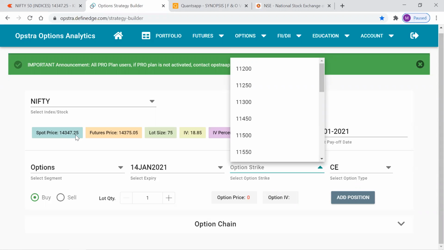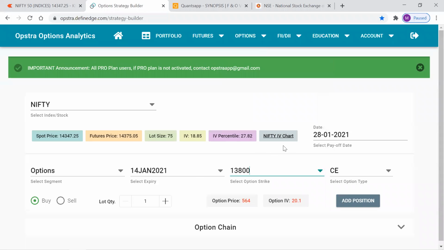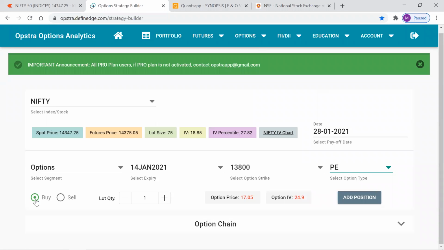Let's expect the market to fall below 13,800. If you're bearish, we need to buy puts, so select PE and buy. I repeat, we are dealing with Nifty here, and this is just an example. The current price of Nifty is 14,347, and we are expecting that the market will fall beyond 13,800 before 14th of January 2021.